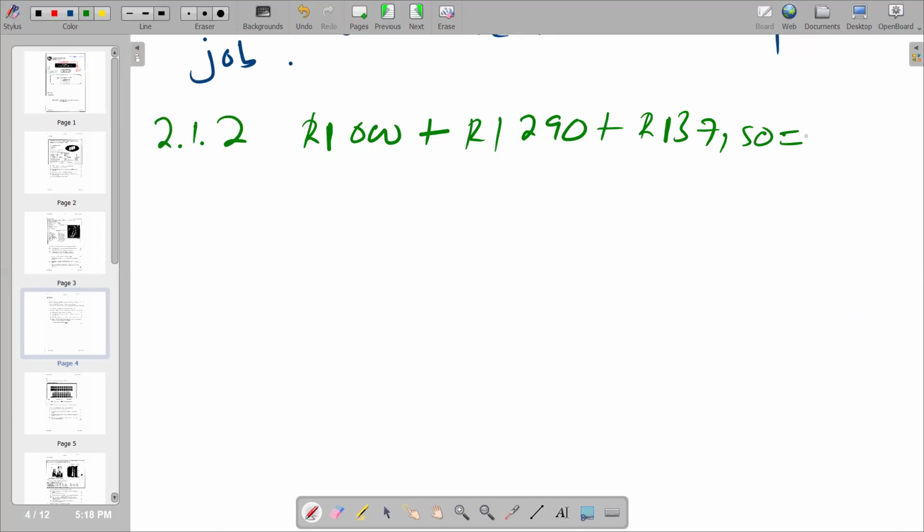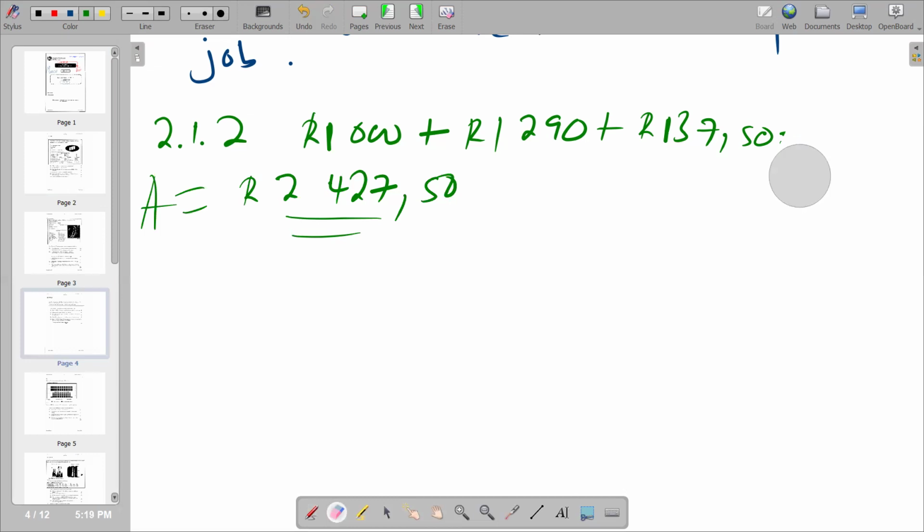And then the total that we are going to get is 2,427 rands 50 cents. So basically, this becomes the final answer. This is your total deductions, so this represents your A.